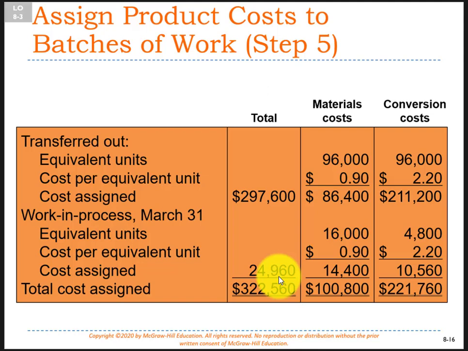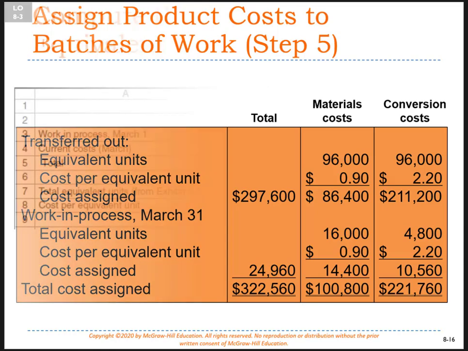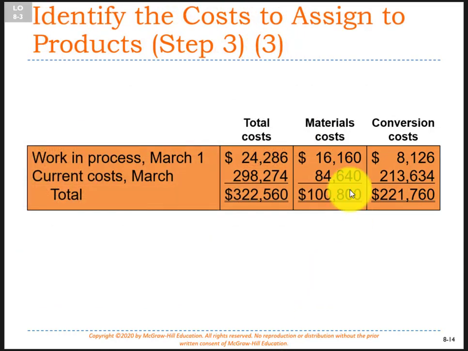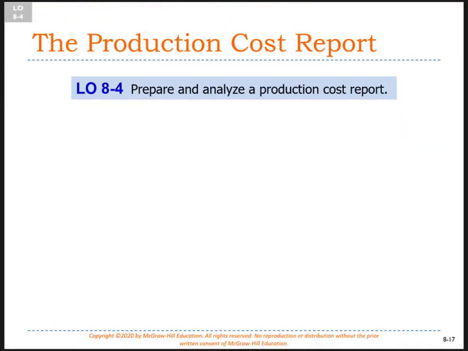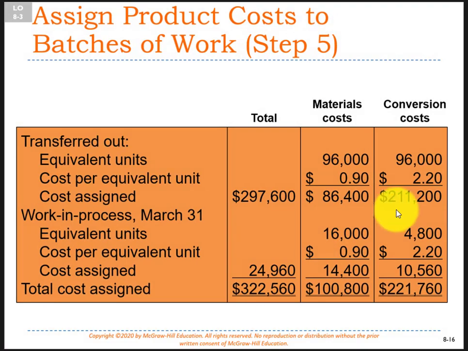When we get ready to do this again for April, remember, we knew how much the materials and conversion costs were as of March 1st. When we do April 1st, whoops, went too far. We will use $14,400 and $10,560 to go on to April and do the same process again.